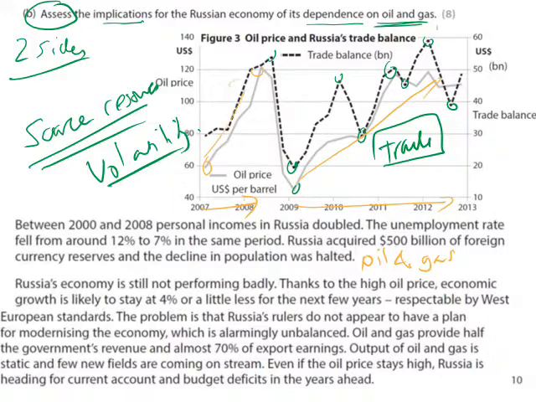So there's evidence there of the benefits, and it talks about some of the benefits here as well. There's been an increase in incomes, there's been a fall in unemployment, they have now 500 billion of foreign currency reserves, which is a lack of currency reserves holds back development. It's talking about the growth staying at 4% for the next few years. So you've got a lot of evidence that actually that's not bad for the economy, but it's because of the rising demand for oil.